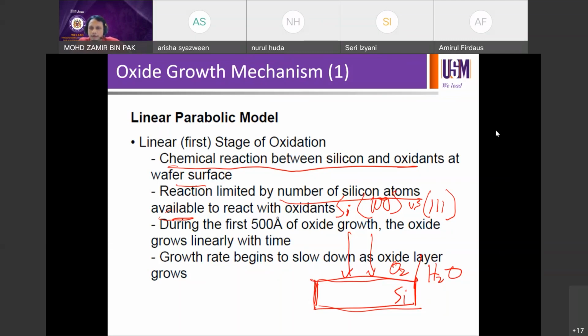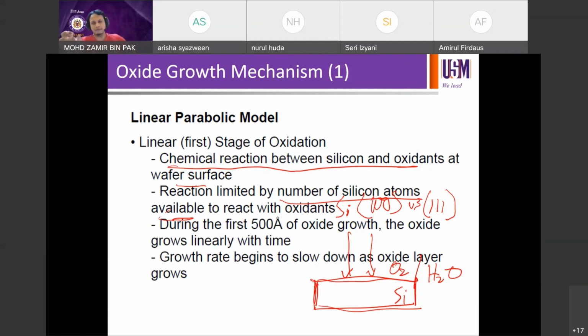So the answer is 111, right? 111 is denser. So that's why the carrier mobility, electron mobility is lower in 111 in comparison to 100, because 111 is a lot denser. Therefore, when you're dense, then carrier transport will be impeded somehow, right? So the mu is then lower. So you bawa aja the very same concept, the denser concept of 111 into this availability of silicon atoms for oxidation process.